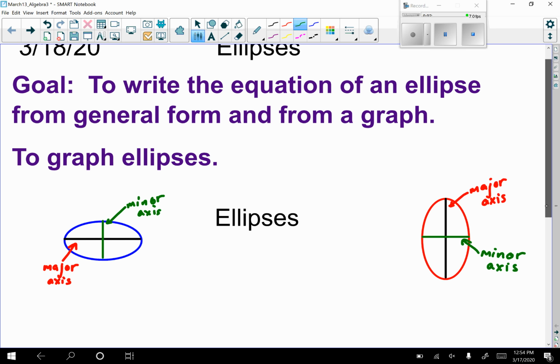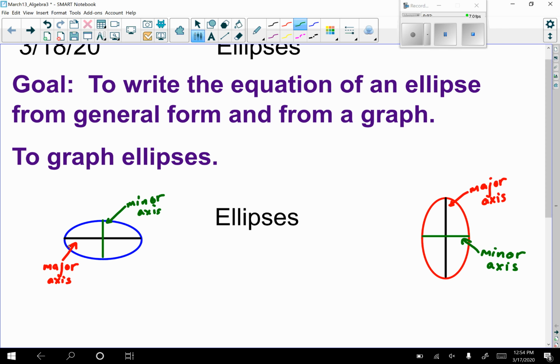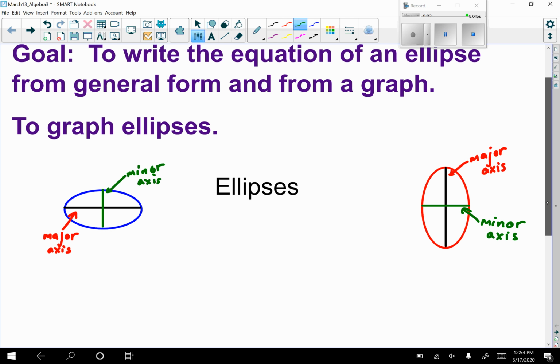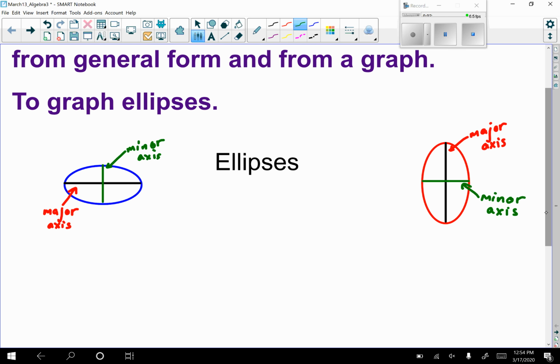All right, so now I'm going to refer to when the major axis is horizontal or the major axis is vertical to help us understand the direction. Again, we can't look at an ellipse just like a circle with a constant radius throughout the entire picture.